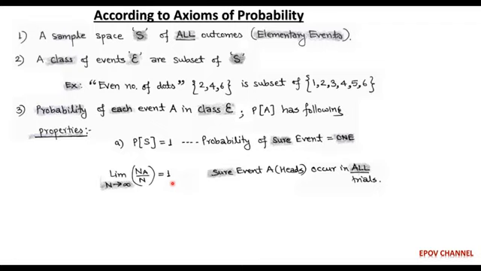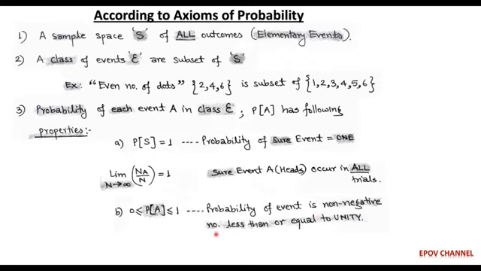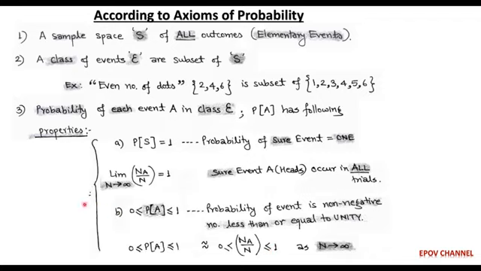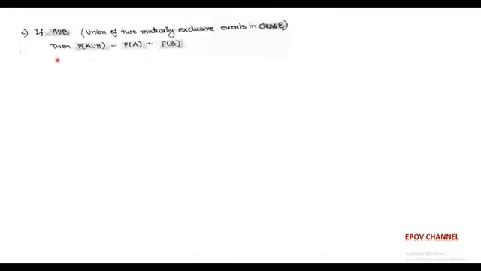Also, the probability of event A is a non-negative number that is less than or equal to unity. Or we can say the relative frequency of occurrence of A, that is Na upon n with limit n tends to infinity, is always greater than or equal to 0 but less than or equal to 1. So both the properties of probability of A have a relative frequency interpretation.